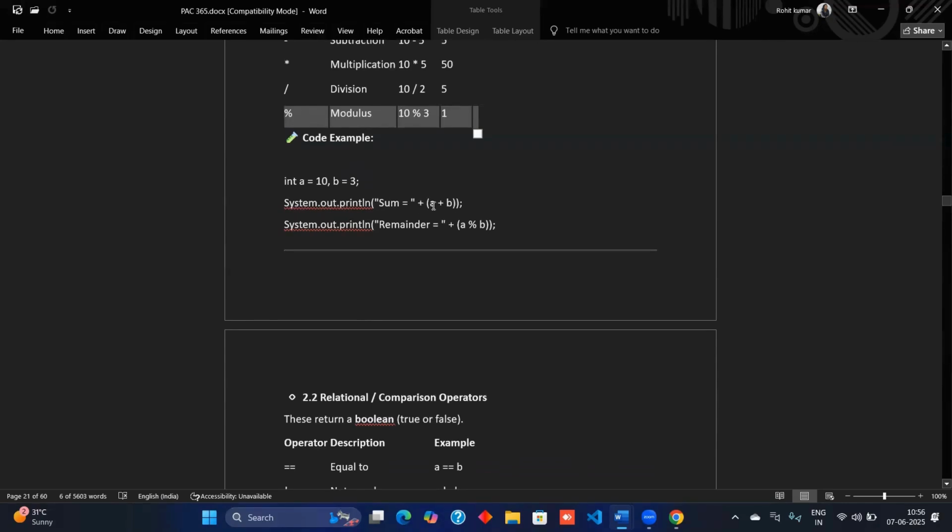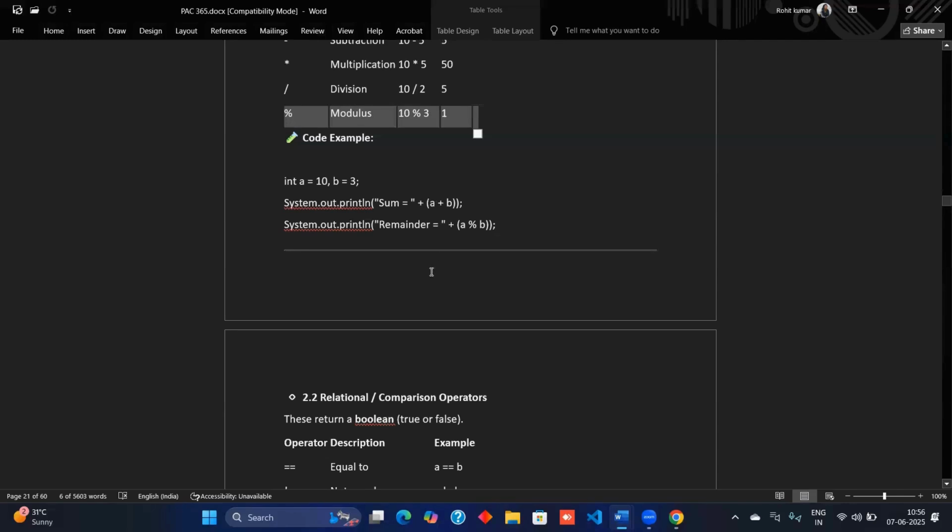Whatever value we have assigned to a will be added to the value of b, and that final value will be given to this message. This is sum equals, concatenated to the a plus b final value.